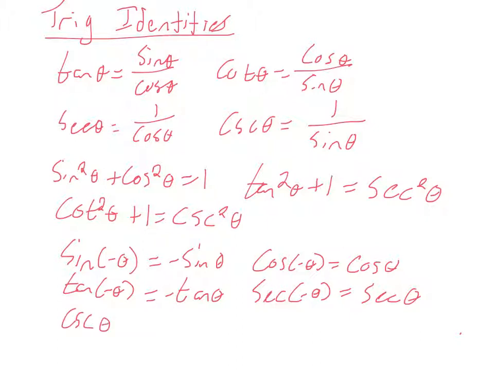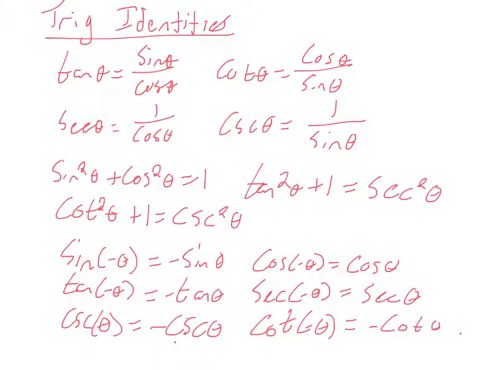Cosecant is the reciprocal of sine, so it is also odd. And then cotangent is also odd, just like tangent: cotan of negative theta equals negative cotan theta.